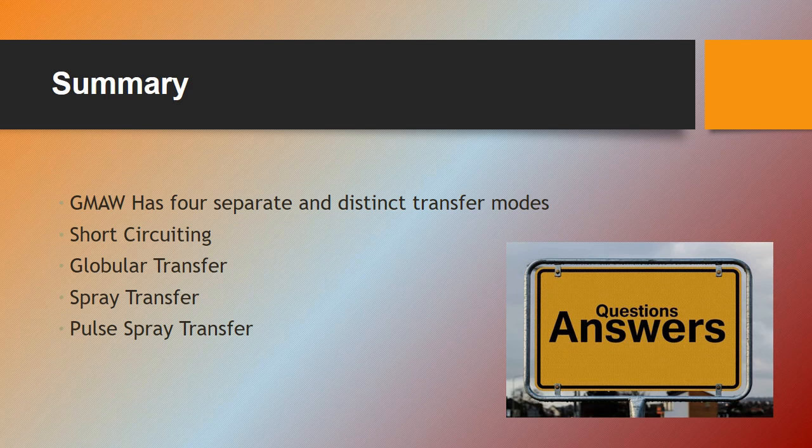And if we have at least 80% argon in our shielding gas, we can use spray transfer or pulse spray transfer. And you need to understand these if you're going to be out walking the shop floor and dealing with gas metal arc welding for any significant periods of time, if you're going to be looking at welds and reviewing weld procedures.